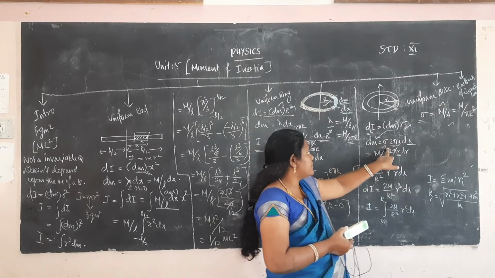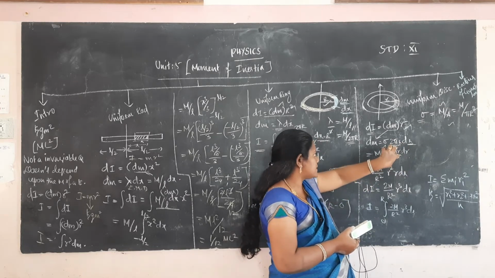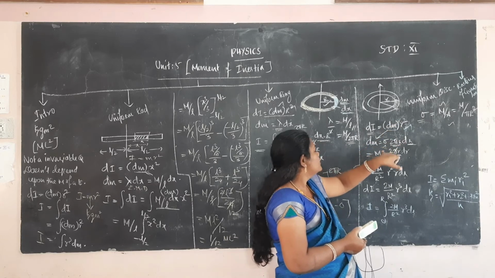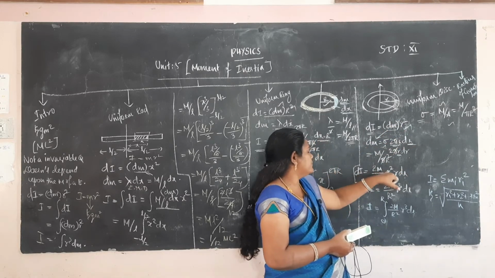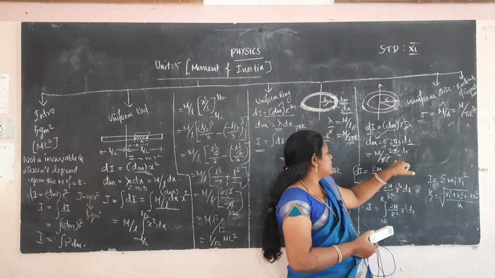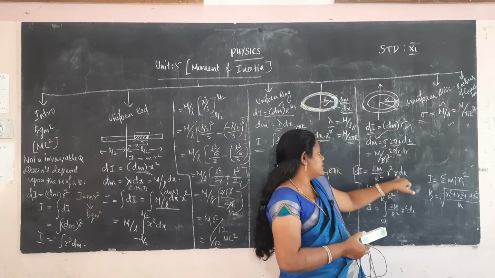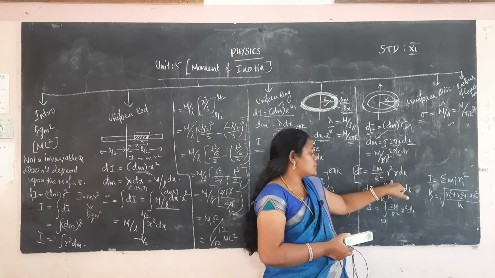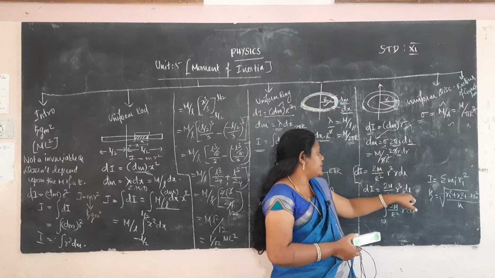So dm is equal to sigma into 2 pi r into dr, that is m by pi R square into 2 pi r into dr. This term is substituted here, so we get 2m by R square into r into dr. Then r into r square, that is r cube. So dm is 2m by R square into r cube into dr.